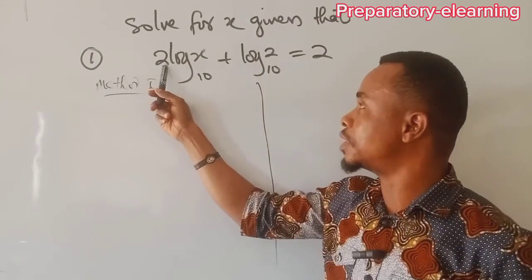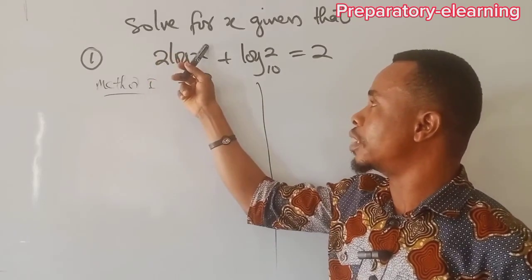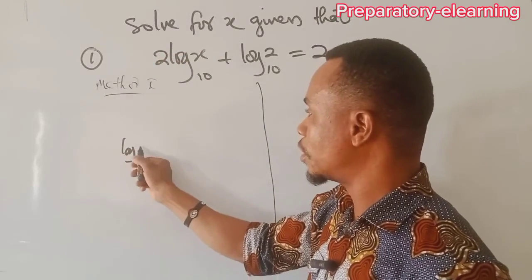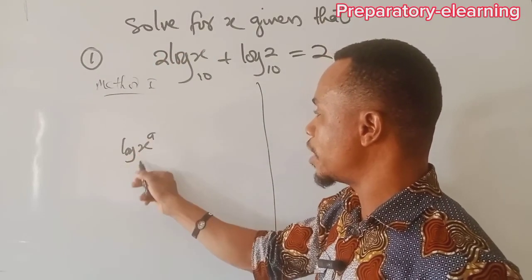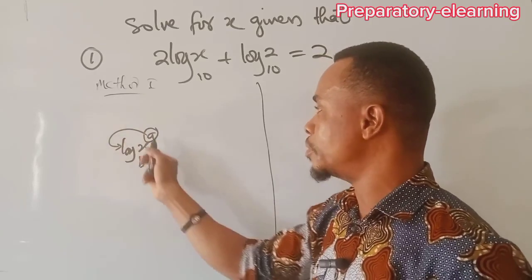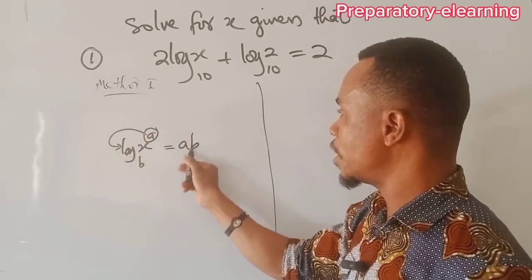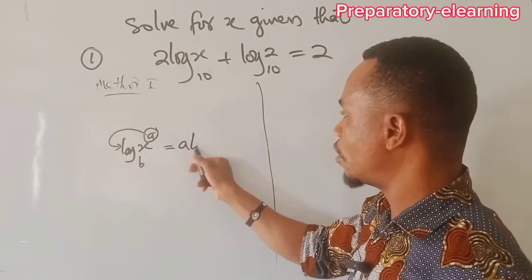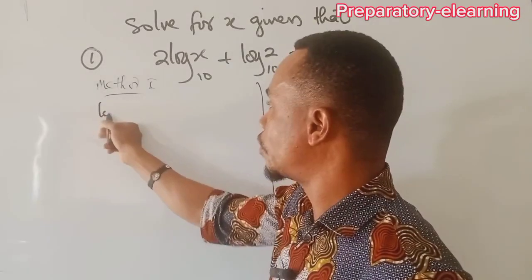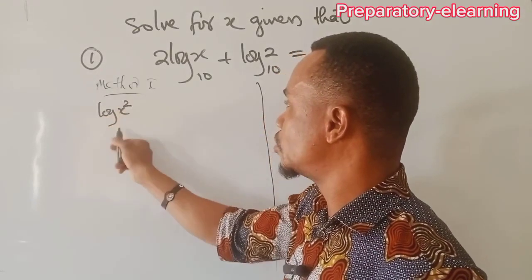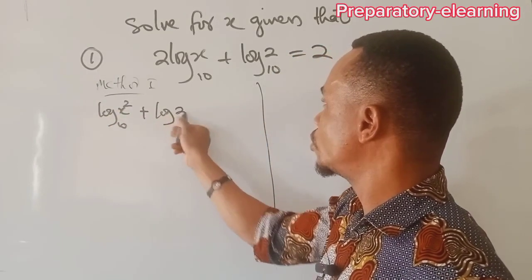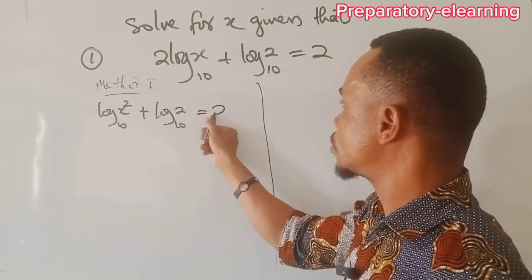But move this coefficient, that is 2 here, to come on the log, because there is a law that says if we have log x power a base b, this can be moved to this side, or it can be returned back to a log x base b. So we have log x power 2 base 10 plus log 2 base 10 equals to what?